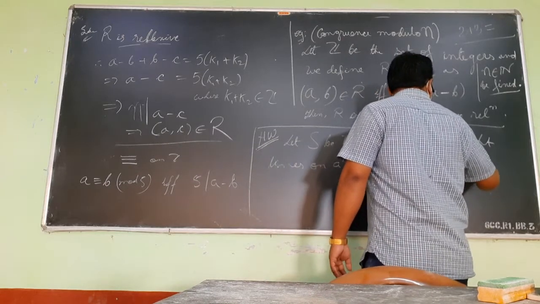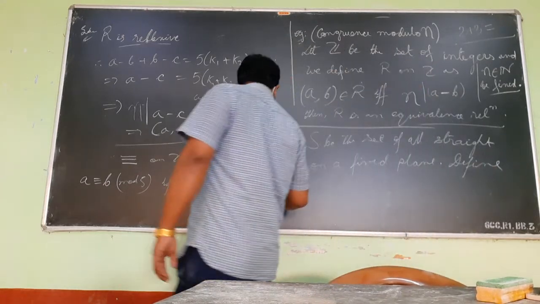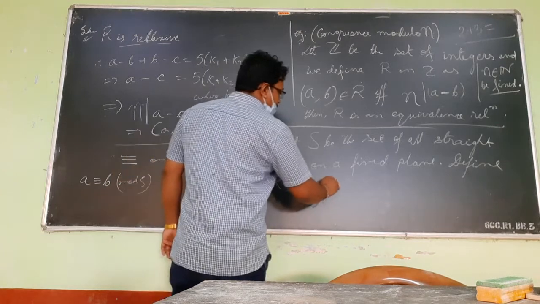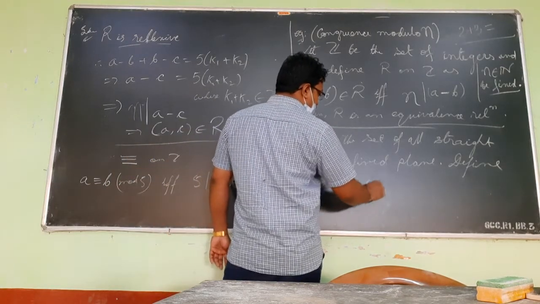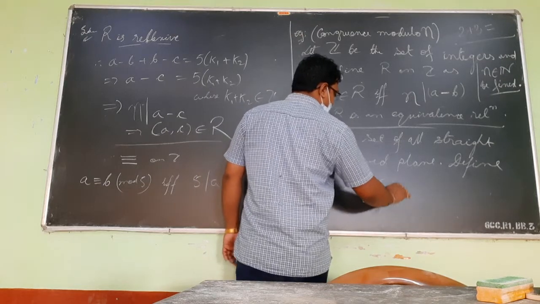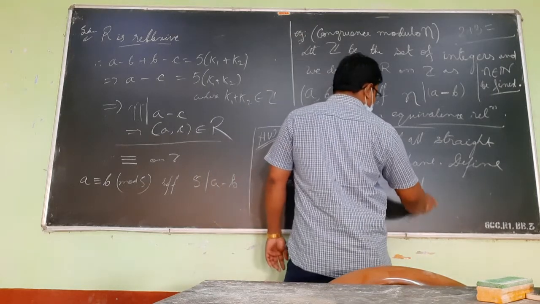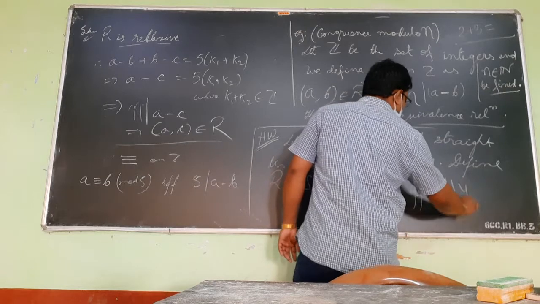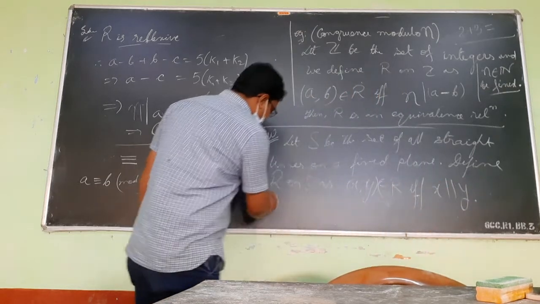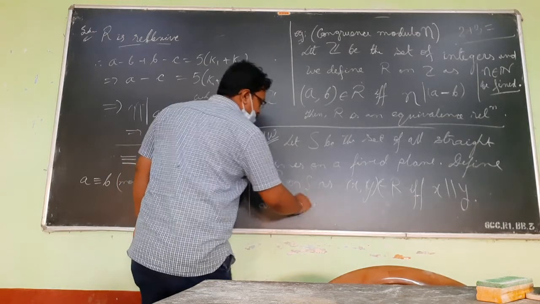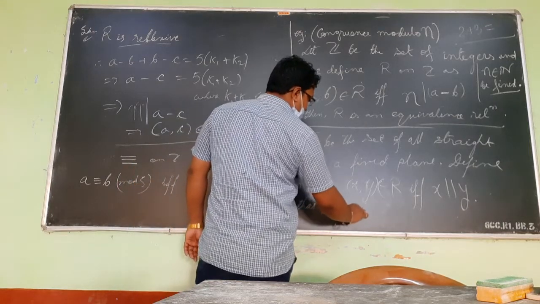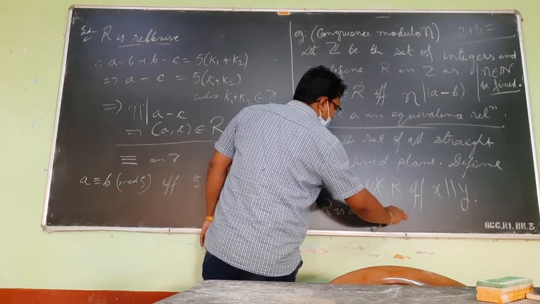Define R on S as (x, y) belongs to R if and only if x is parallel to y. Show that R is an equivalence relation.